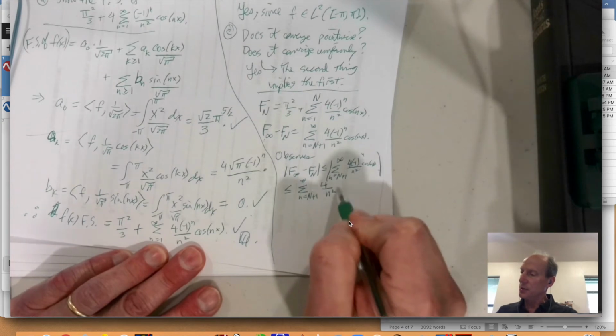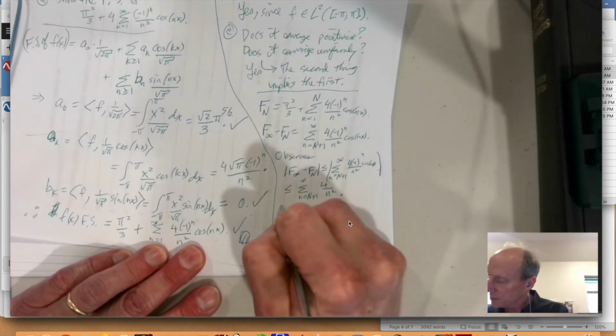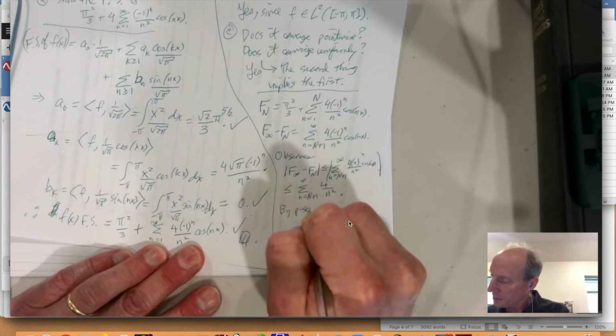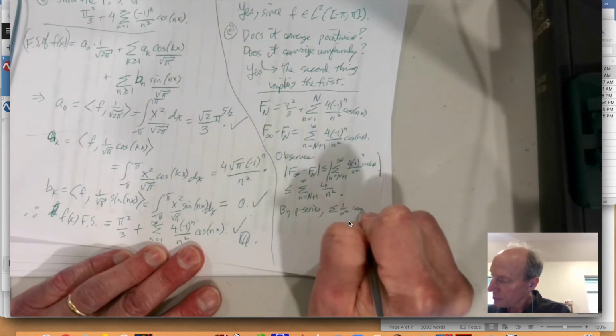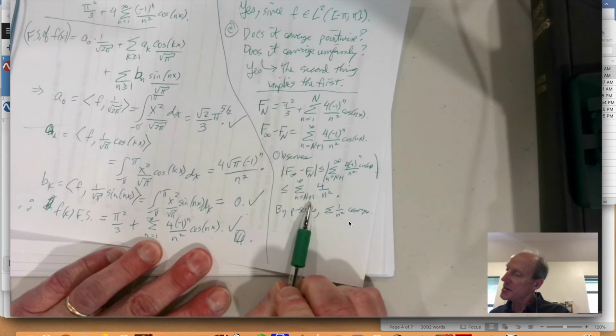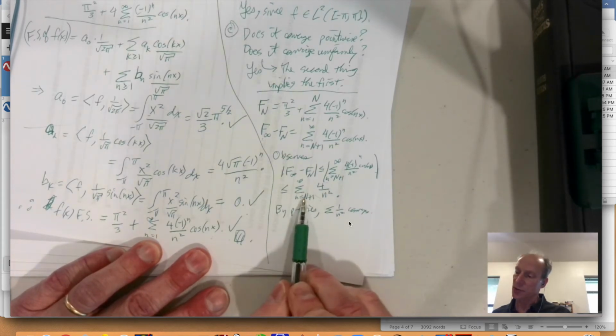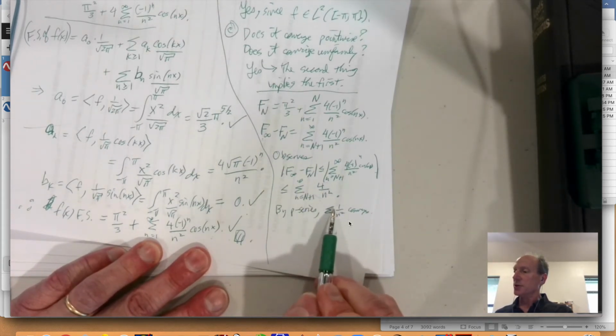But by the p-series test, this series converges. So the tail of the 1 over n squared series must go to 0.